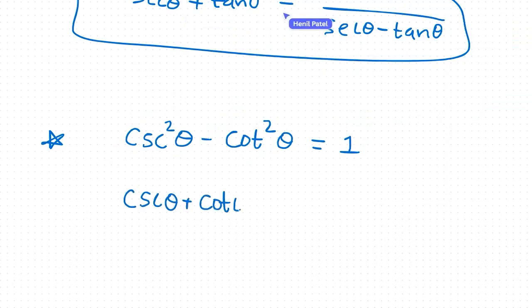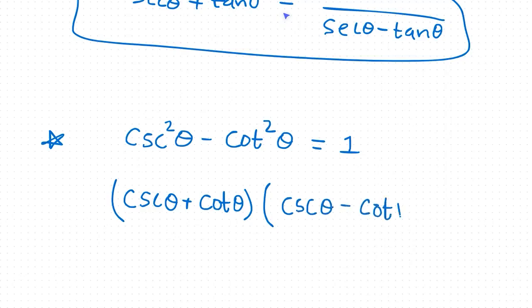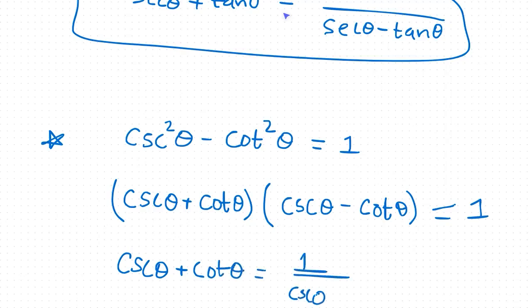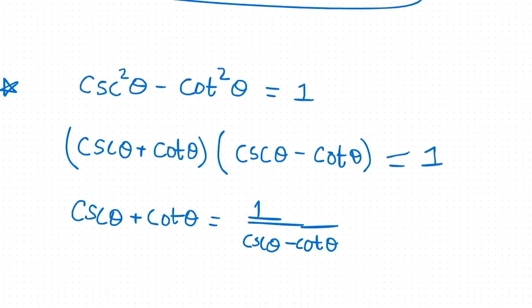Cosec theta plus cot theta multiplied by cosec theta minus cot theta is equal to 1. So cosec theta plus cot theta will be 1 by cosec theta minus cot theta. Trigonometry is all about remembering as many formulas as possible.